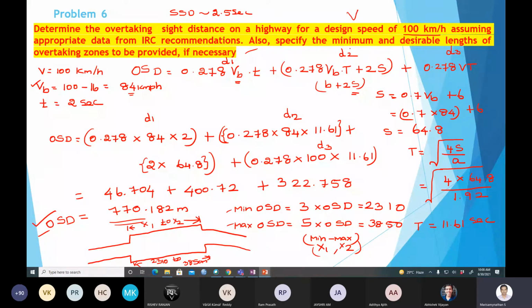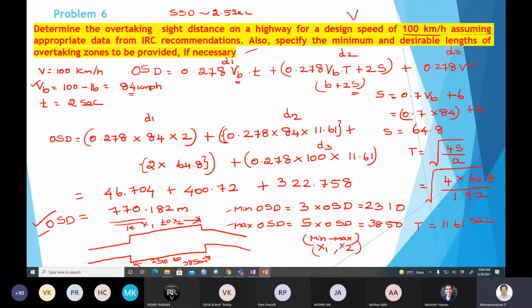They also ask us to design the overtaking zone with respect to the minimum and the maximum desirable length. We assume the opposite vehicle is coming. The OST is the sum of D1, D2, D3. And what are the parameters required? The design speed of vehicle B, and in the problem, the design speed is given.